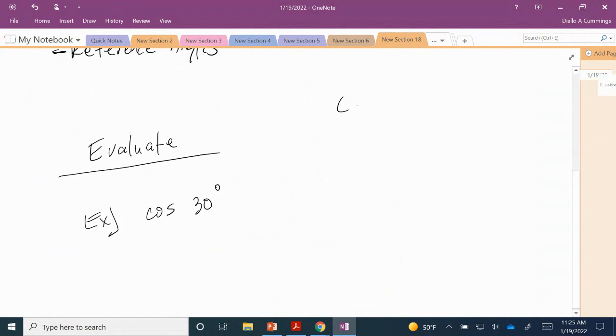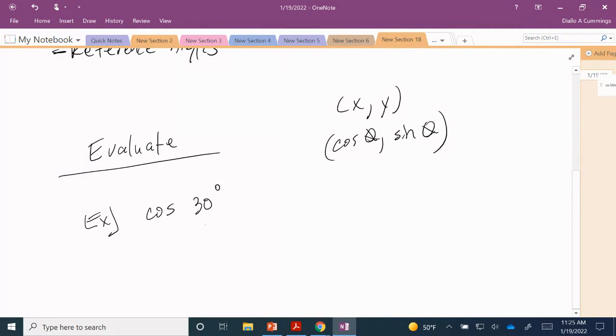Keep in mind that in any ordered pair, we have an x and a y coordinate. In the unit circle, the x coordinate is the cosine of some angle. The y coordinate is the sine of some angle.